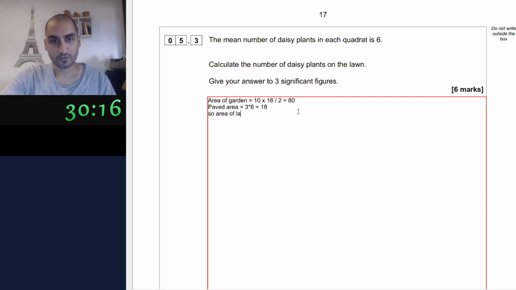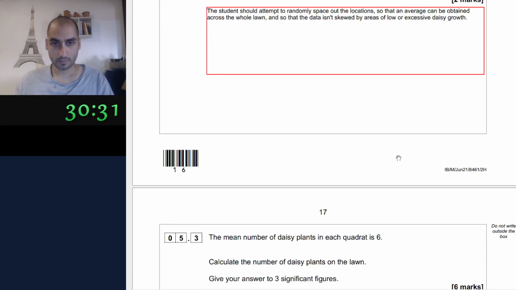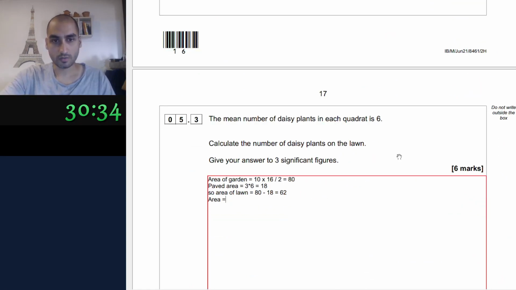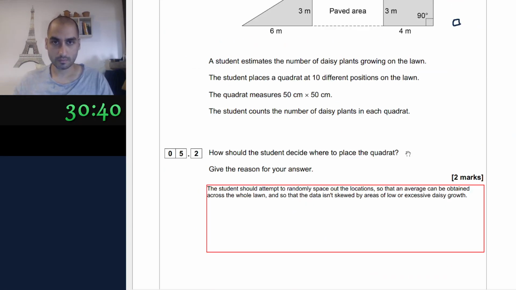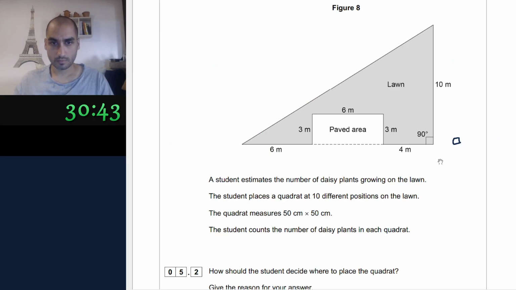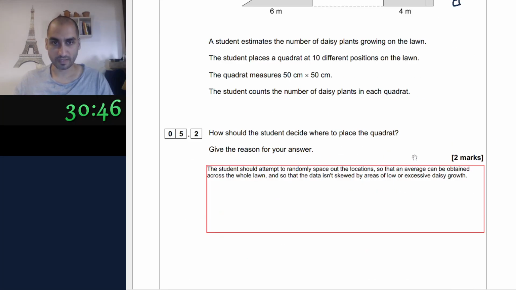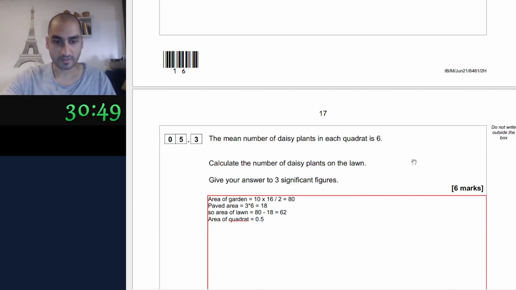So area of lawn equals 80 minus 18 equals 62. Area of quadrat equals 0.5 squared equals 0.25.